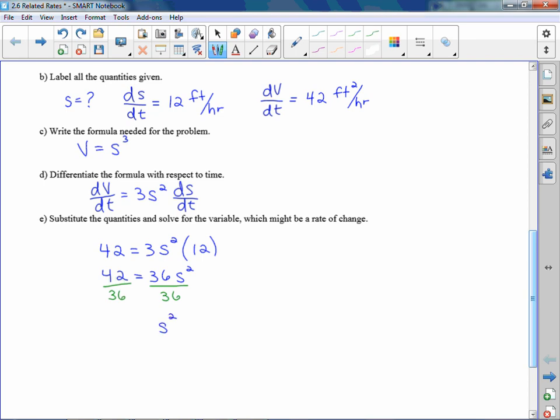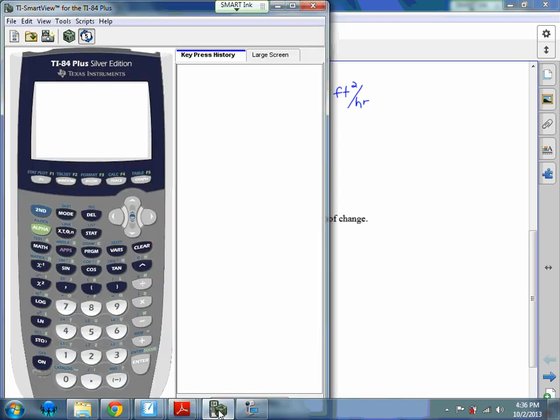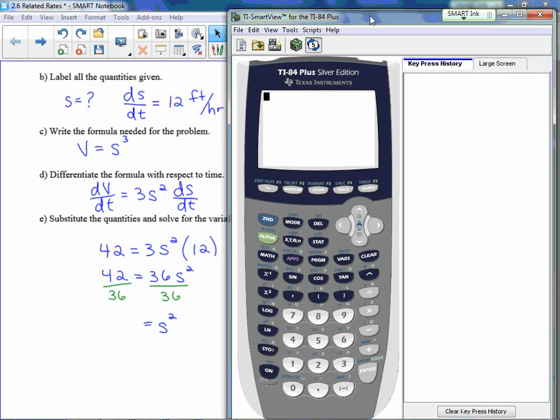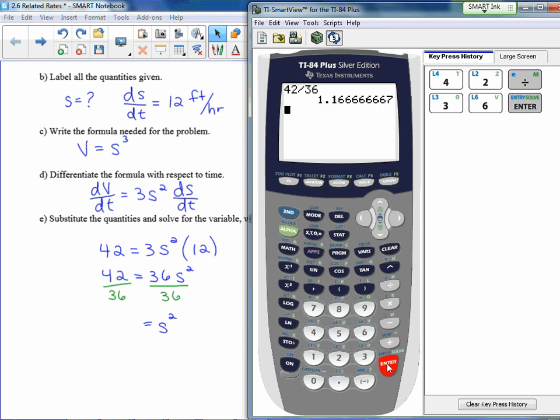So we have s squared equals, all right, now we want to grab the calculator because we could reduce that fraction, but we're going to have to take the square root of it. So we want to go ahead and punch it in. So 42 divided by 36 gives me 1.16 repeating, and I'm going to take the square root of that answer.